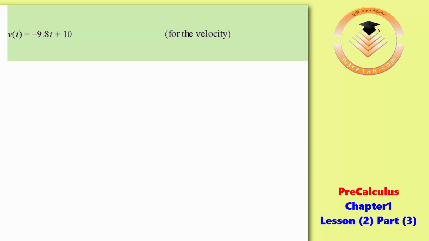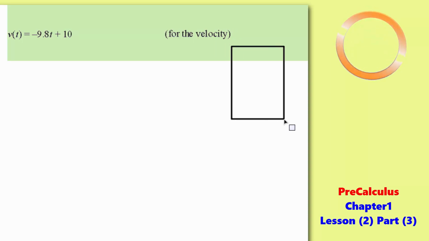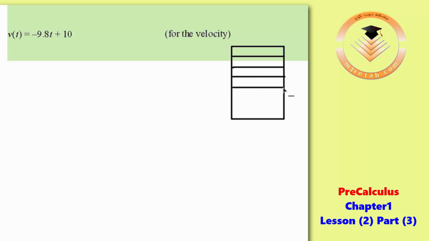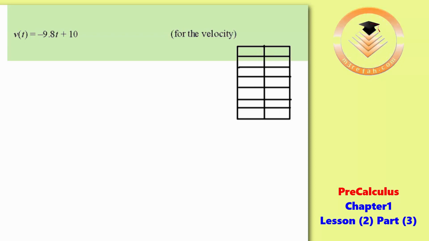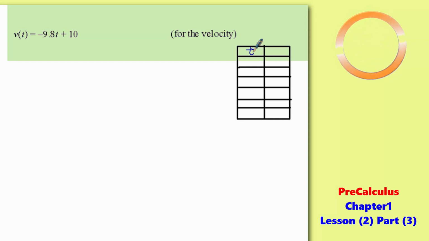So let us take some values for x and y again. We create a table. This would be your x, or in this case it's t actually, the t values, and this would be your v of t, or your velocity, or your speed with direction.